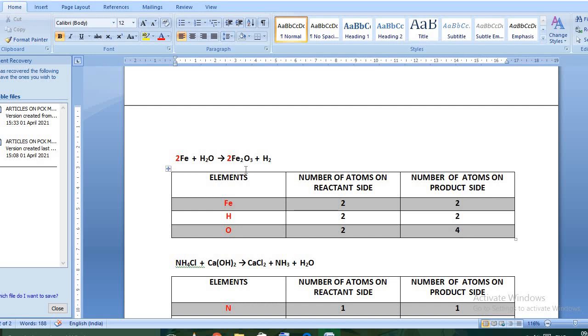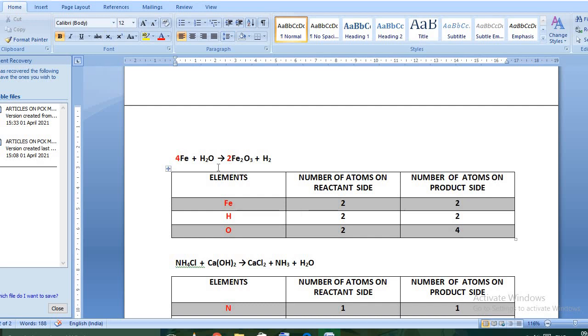So now 2 into 2 is 4 iron, but here 2 iron. So again change it and it will become 4. So 4 Fe, 2 into 2 is 4 Fe, 2 hydrogen, and 3 into 2 is 6 oxygen.